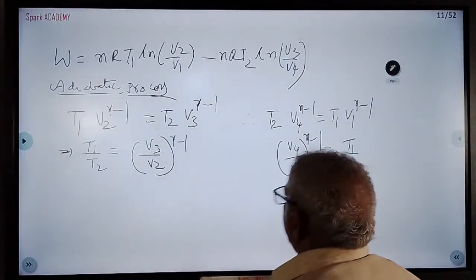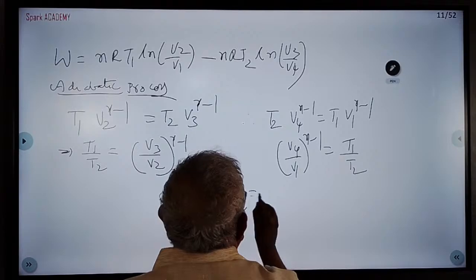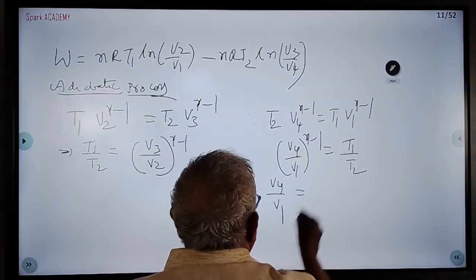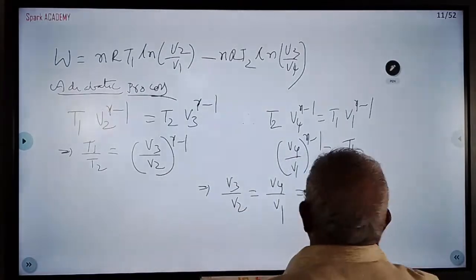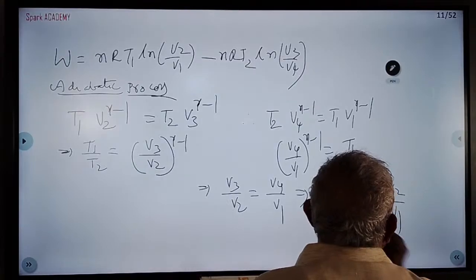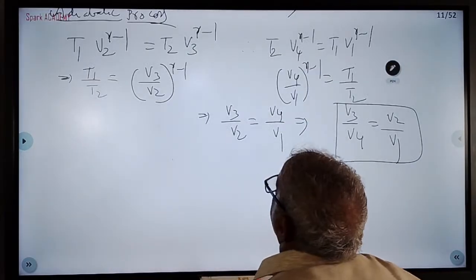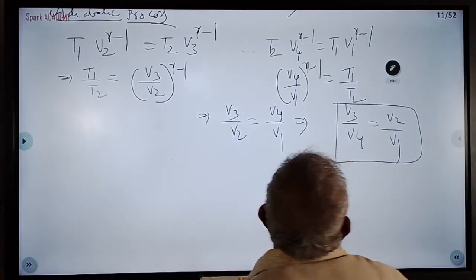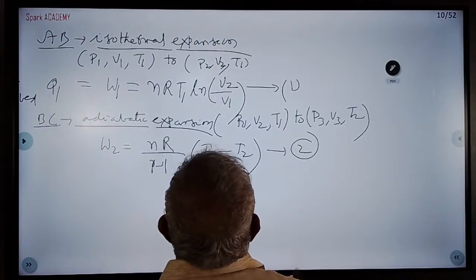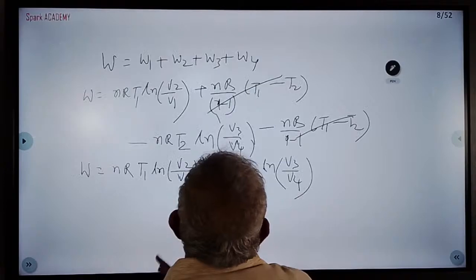By equating both, you will get V3 by V2 equals V4 by V1. Therefore, V3 by V4 is equal to V2 by V1. So instead of V3 by V4, you can write V2 by V1.